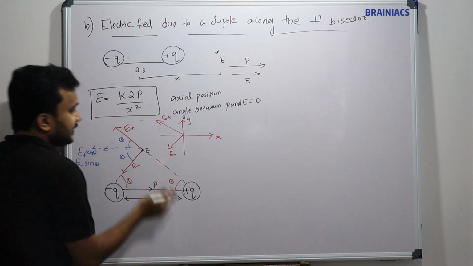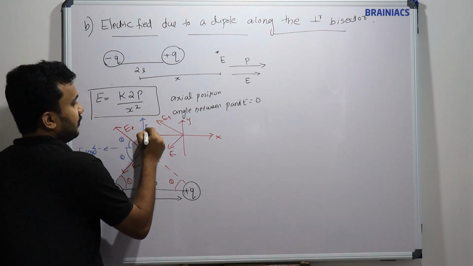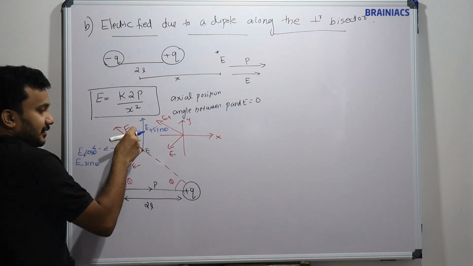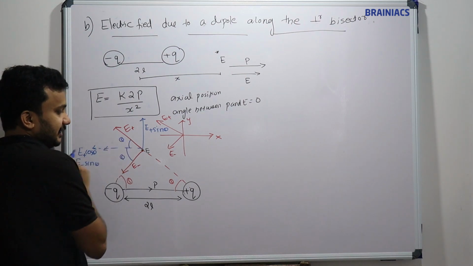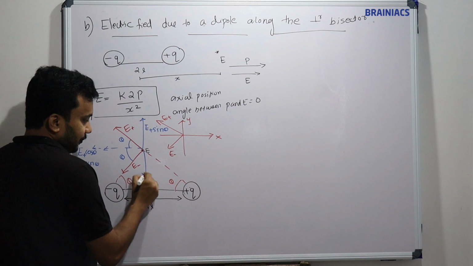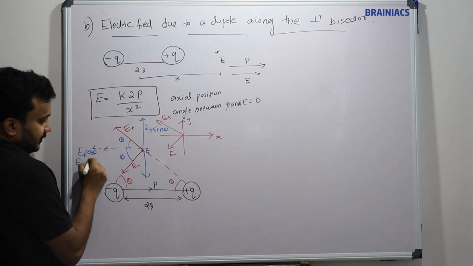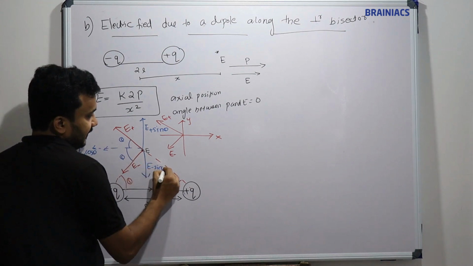And the other side, opposite to theta, which means this side, is called E plus sin theta. The side which is close to theta is called E cos theta, the adjacent side. For E minus, I split it as E minus cos theta, and the other side is called E minus sin theta.